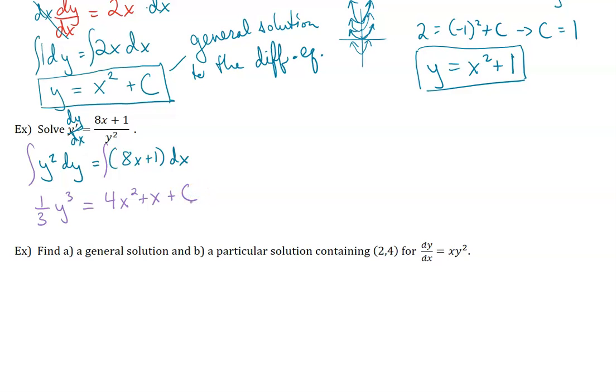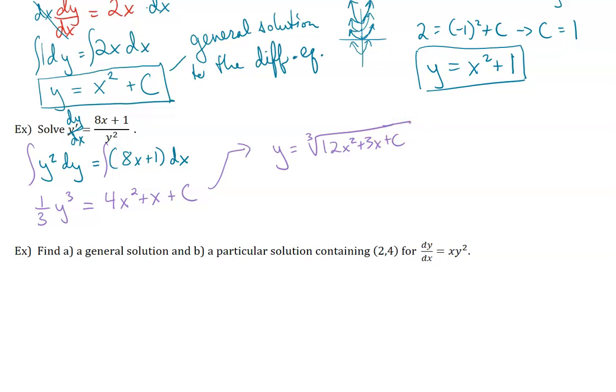Okay, and then from here, I'm going to solve for y because it doesn't give me an initial condition, so I'm just looking for a general solution. So I'm going to solve for y by multiplying everything by 3 and then taking the cube root. So I get y equals the cube root of 12x squared plus 3x plus c.